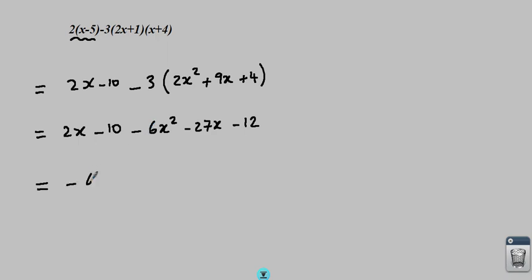So minus 6x squared. We have 2x minus 27x. That's negative 25x. We have negative 10 minus 12, so that's minus 22. Of course, you could have moved from this step to this step by doing this expansion mentally.